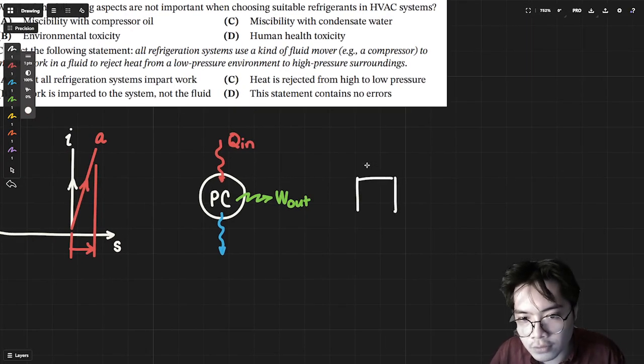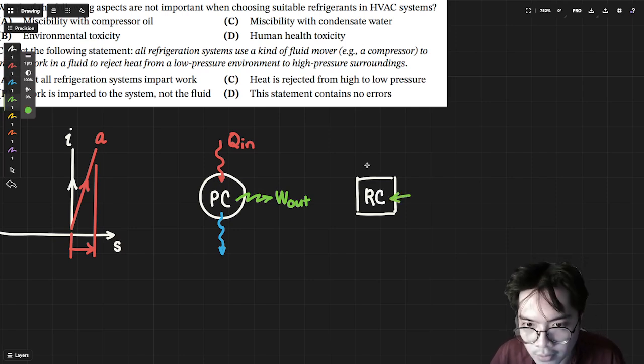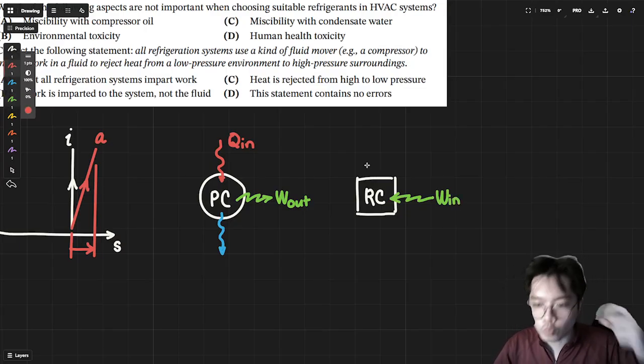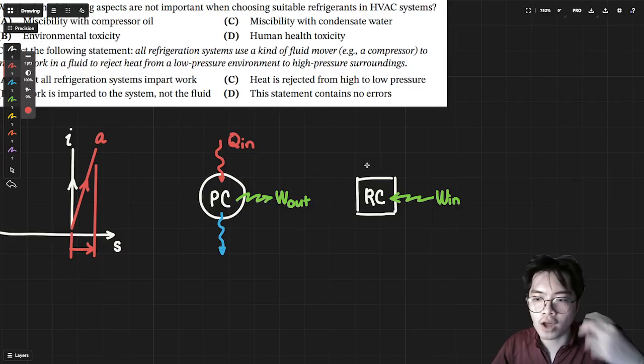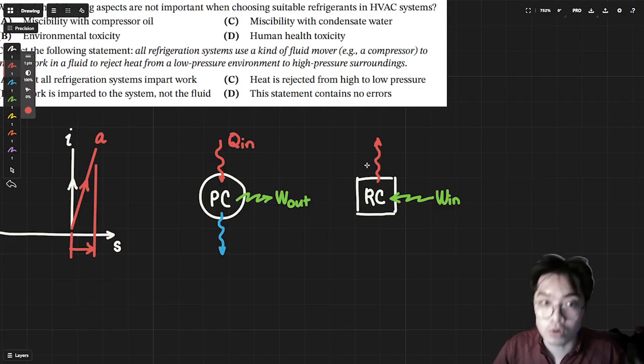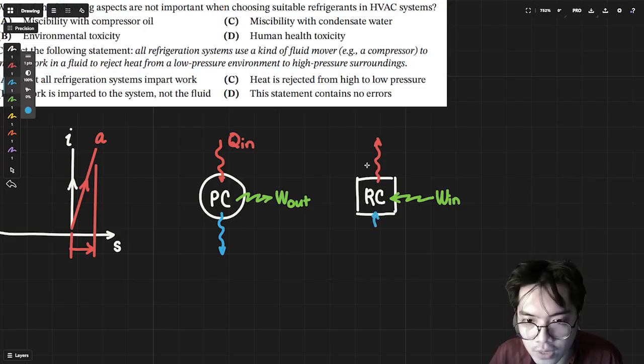And what we were taught before is that reversed cycles, you need to give it work in order to enact some kind of process. Either you want to make something colder or you want to make something hotter, right? It's up to you. Most likely in the Philippines, it's the cooling that we want, right? So that's the thing that we are taught.